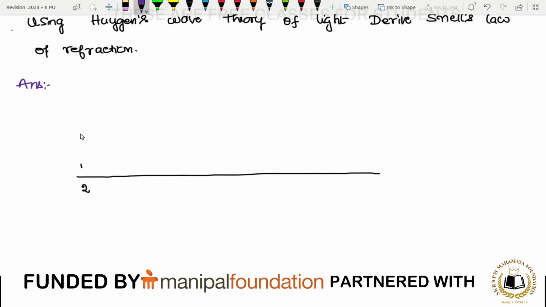So first we'll take one plane wavefront here, which goes and strikes here.